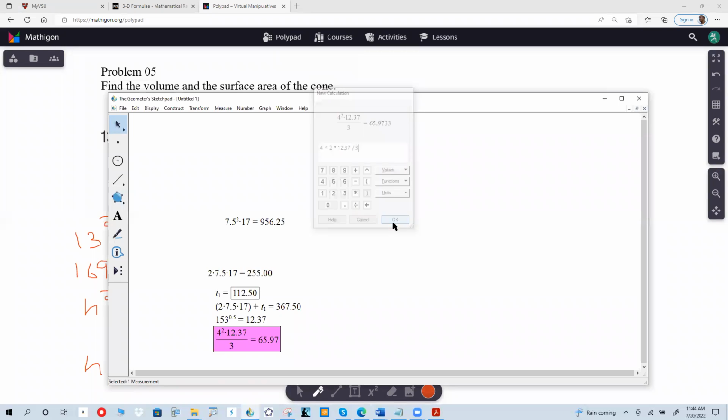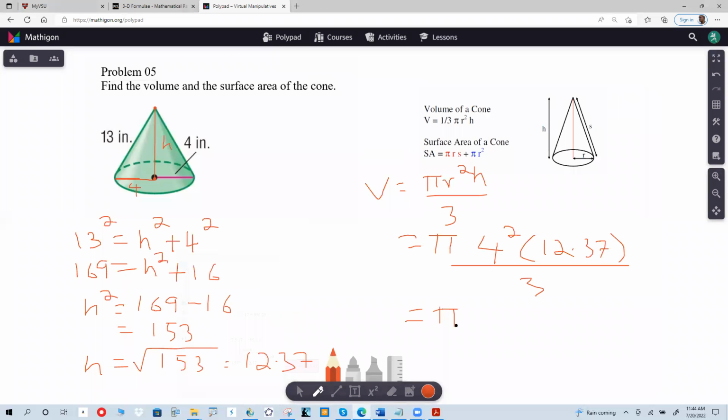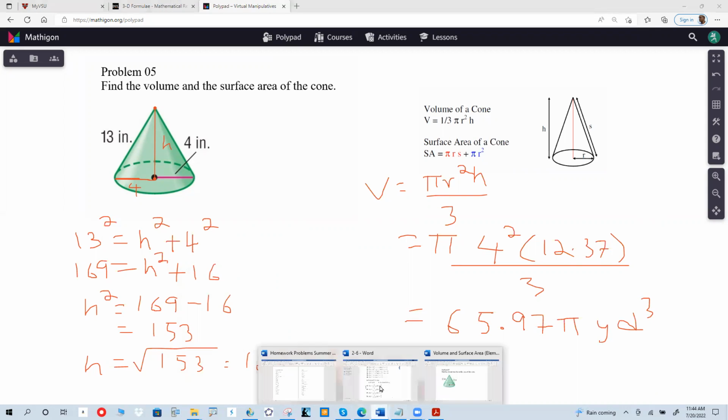I'm getting 65.97. So my answer is 65.97 pi. Don't forget pi, yard cubed. I'm going to quickly check the answer. This was number 5.